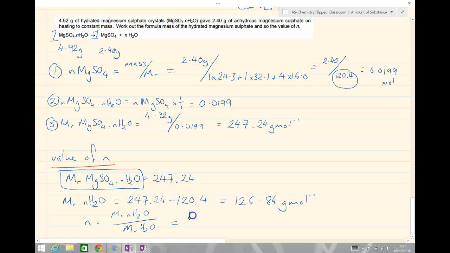So it becomes 126.84 divided by 18. And we should get a number which is close to a whole number. Indeed we do: 7.046, which is approximately 7, so the water of crystallization is 7 waters per magnesium sulfate.